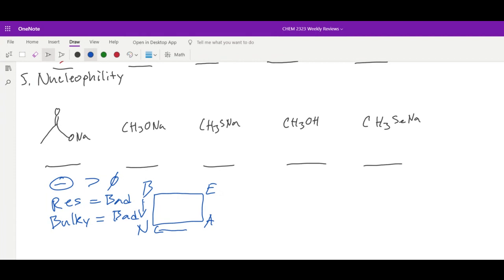Okay. Now, if you guys remember from my reviews, if there's a sodium or potassium, it is going to be a strong nucleophile because it forms an ionic bond. It's a Gen Chem concept. Ionic bonds, when they dissociate, there is a complete separation of a full negative and a full positive.